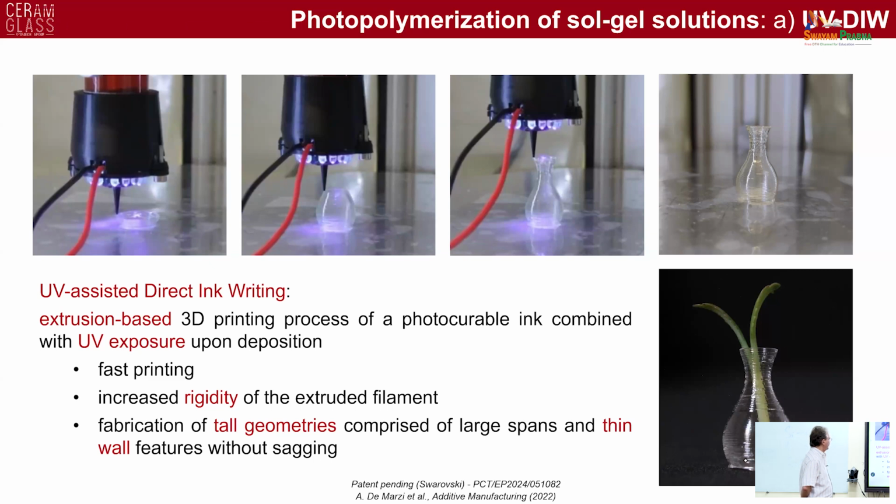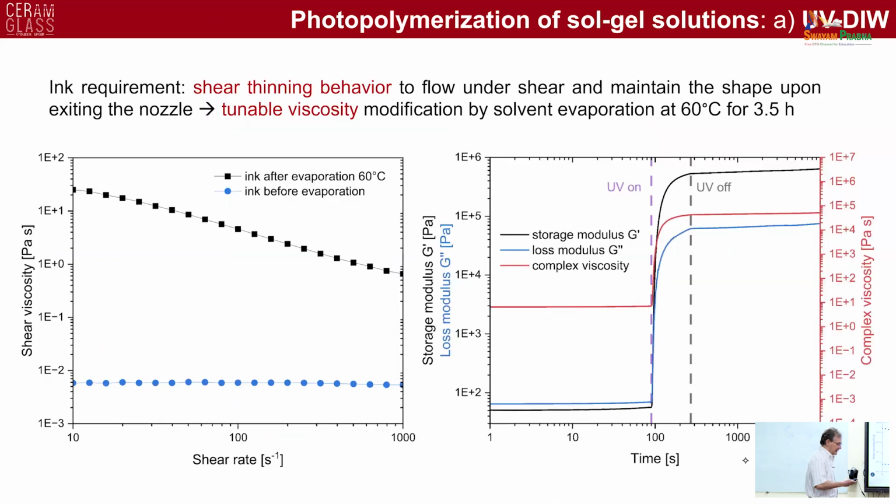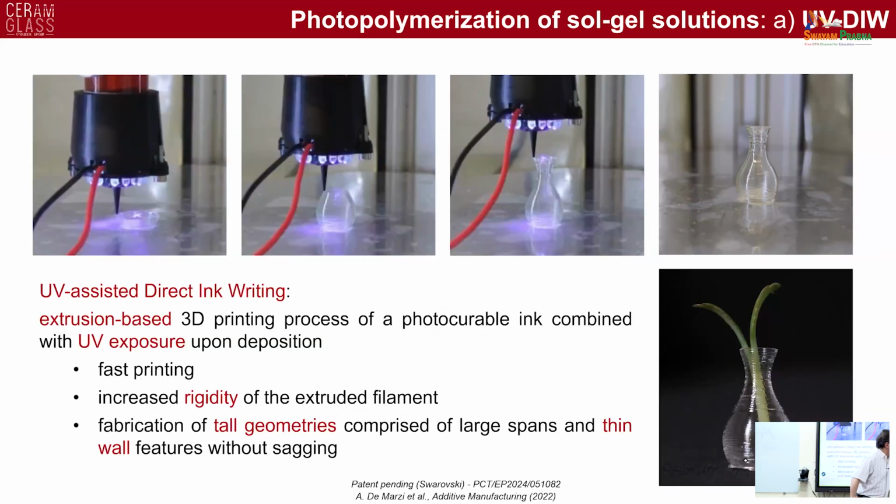This is a fast approach for 3D printing, and it works well for fabricating tall geometries with large spans and thin wall features without sagging. Of course, you can see that you have the stair-stepping effect on the surface of the component due to the extrusion through a nozzle.